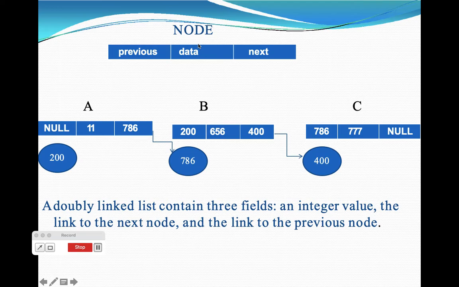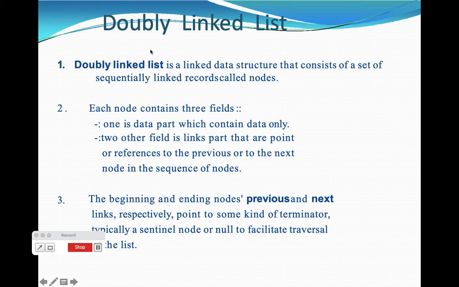In single linked list, we had only two fields, one is data, another one is the next. So here, one extra field is there, which is storing the pointer to the previous node.